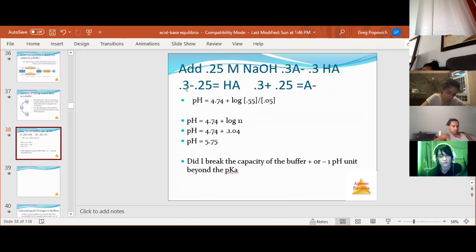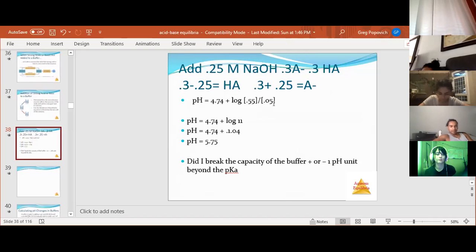However, you got to pay attention to this. So the 0.25 is real close to the amount of your conjugate base. What that means is that I'm going to be real close to breaking the capacity. And by using the Henderson-Hasselbalch, we just proved that.